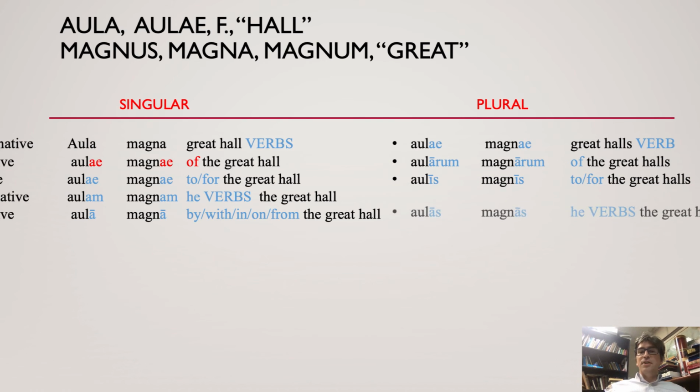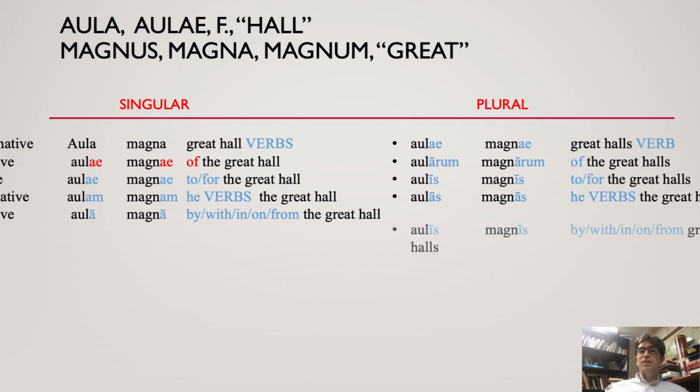Sometimes the masculines do funny things, and when you're trying to figure out what that black part of the adjective is, you see how we've made our endings themselves blue, and we've made our base black. When you're trying to figure out what part of the word to keep and use as the base to add endings to, just go to the feminine, the form ending in A, and take off the A. And sometimes you'll be adding masculine endings to what's left over if your noun is, for example, masculine. But if you start with that form ending in A and take off the A, you'll be sparing yourself some problems a little bit down the line.